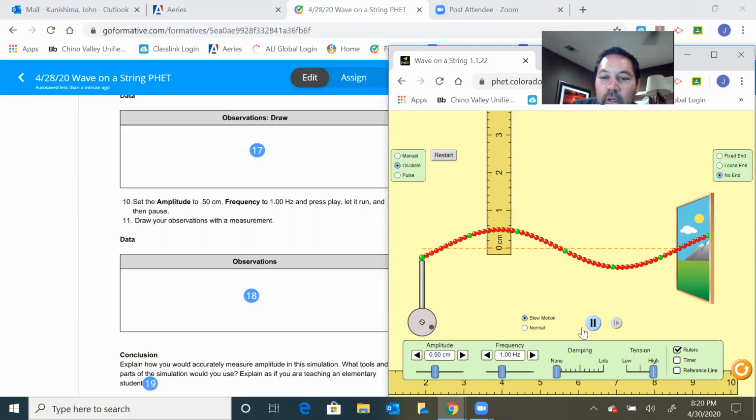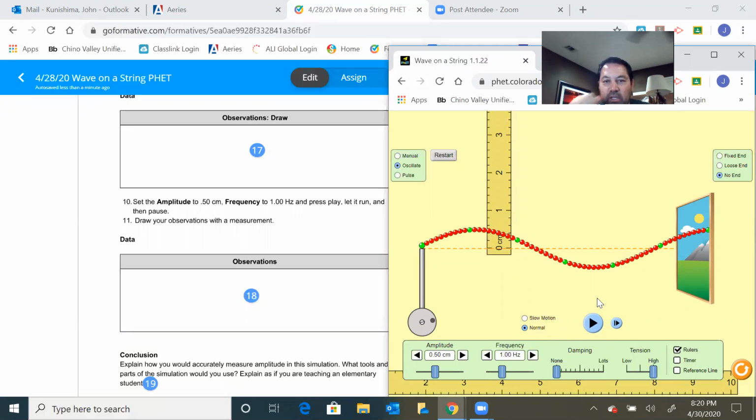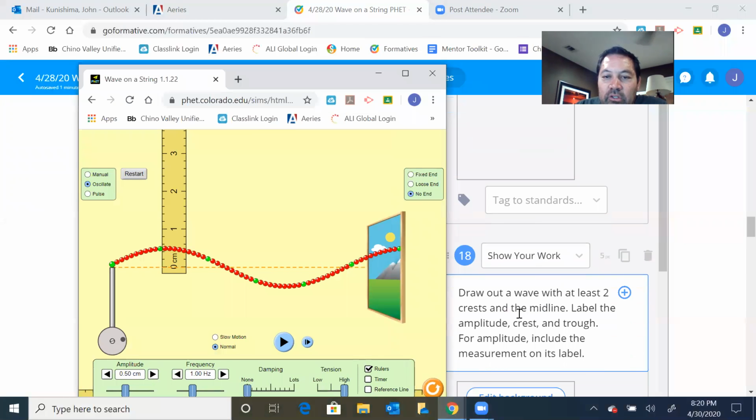So you're gonna let it run. You can go normal and then hit pause. And then you're gonna do the same thing. And this time, you'll notice that your amplitude is 0.5 centimeters. And it says the same exact thing. Draw it with at least 2 crests in the midline, label the amplitude, crest, trough, and record the measurement in there as well.